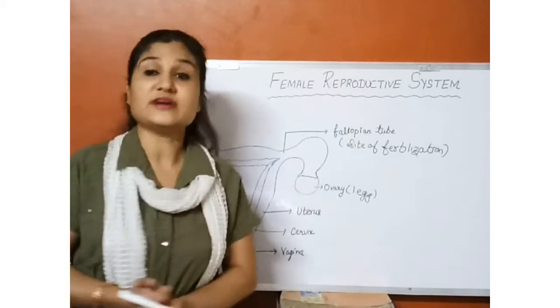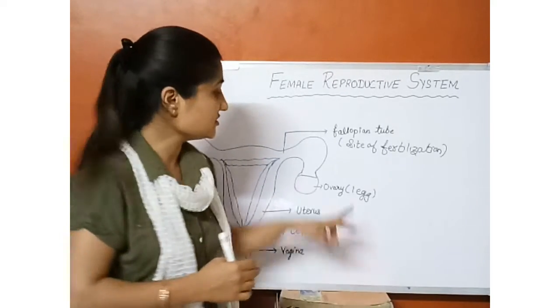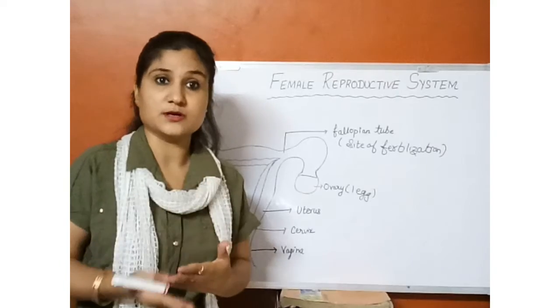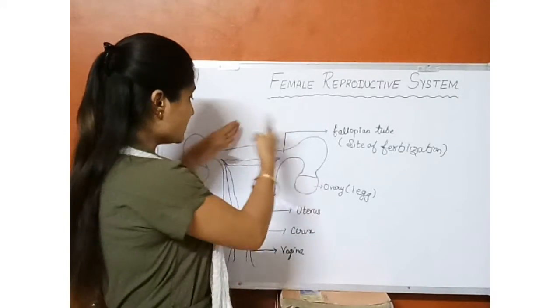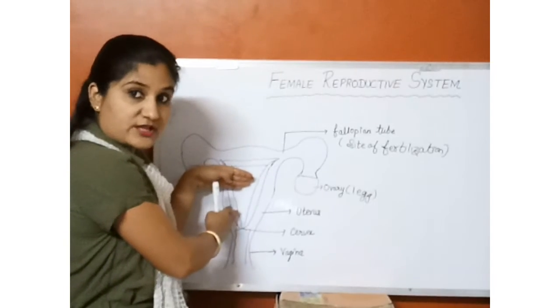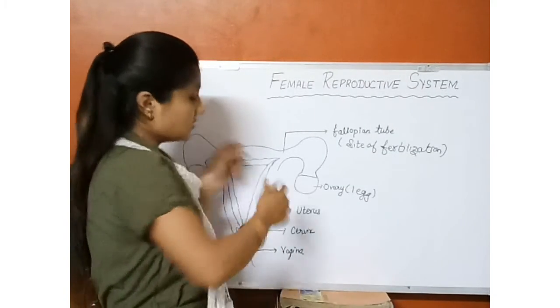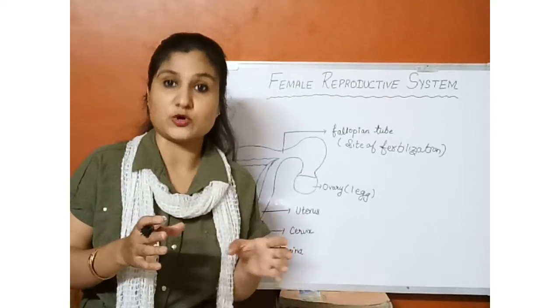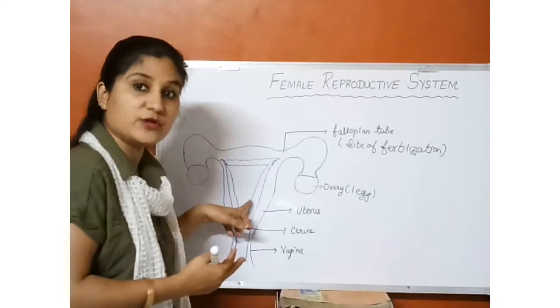Now when fertilization takes place, after the fertilization of egg and the sperm, there is a formation of a zygote, and that zygote is passed on to the uterus, and in the uterus the wall becomes spongy and the development of a baby takes place in the uterus.